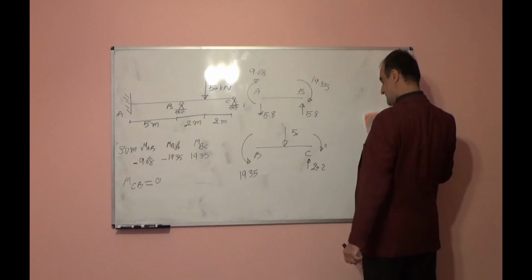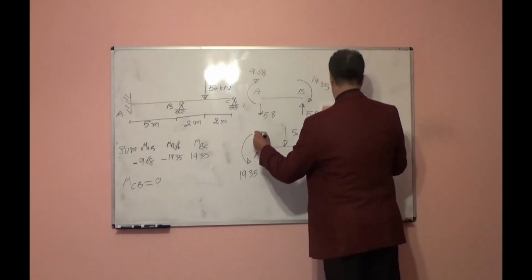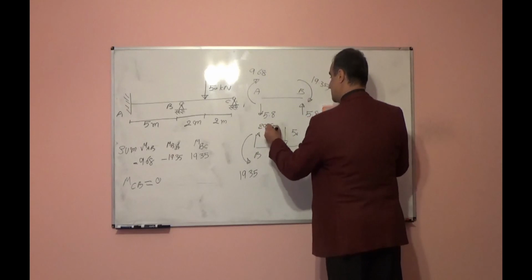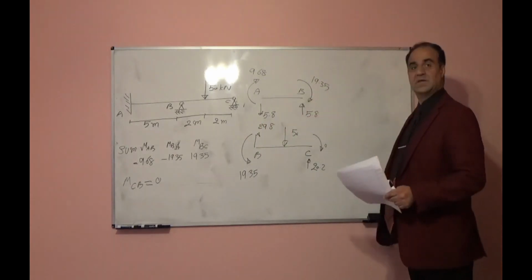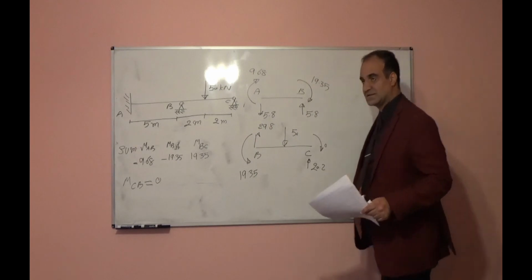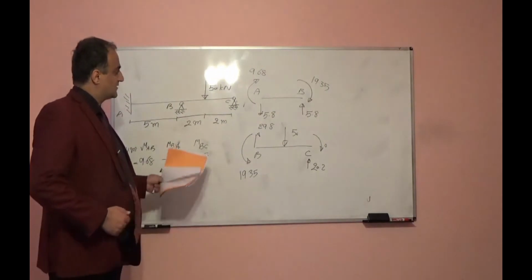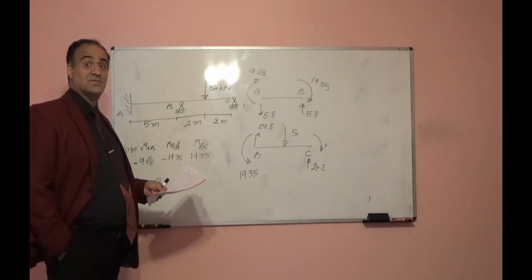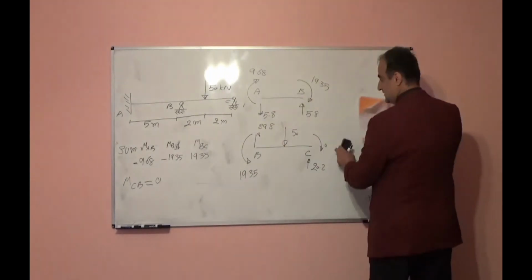If we write summation of force in vertical direction equal to 0, we will find this 29.8. So for AB, we find moment and shear at both ends. For BC, we find moment and shear at both ends. Now we can draw the moment diagram and shear diagram.